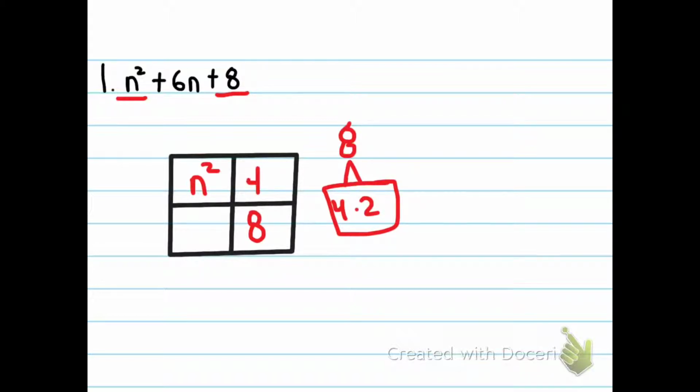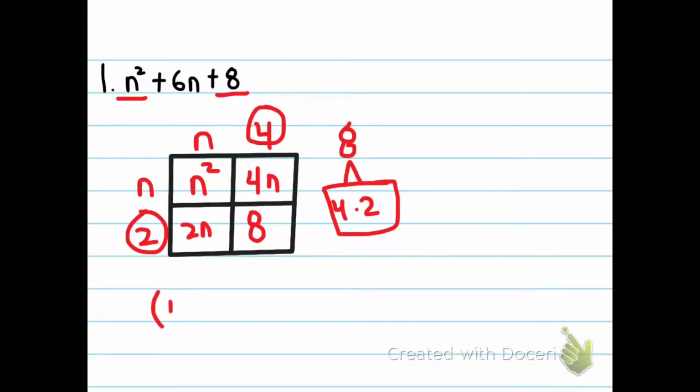So 4n and then 2n, and now we take the greatest common factor of this, so 4n and n have an n in common, and then n times n equals n squared, and then 4 times n equals 4n, so we put a 4 there, and then 2 times n equals 2n, and then when you check this, 4 times 2 does equal 8, so that's your answer.